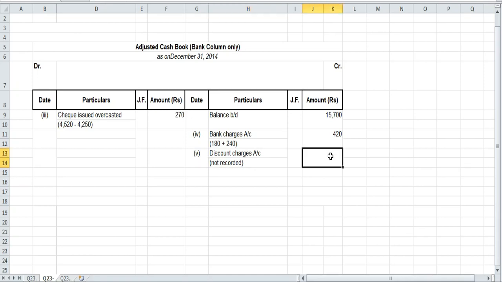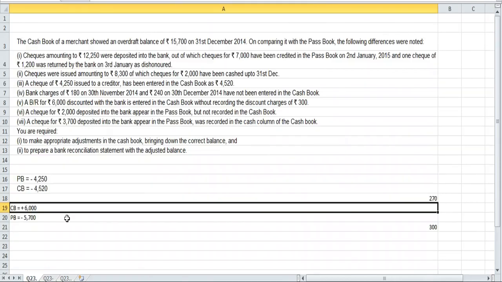So here this is 300. Okay, 300, the discount was supposed to be 300. The bank has charged 300 discount. So in your passbook you got only 5,700, but this discount was not recorded in the cash book. So what are we recording? The error, okay, the error that is done, not something that we have omitted.